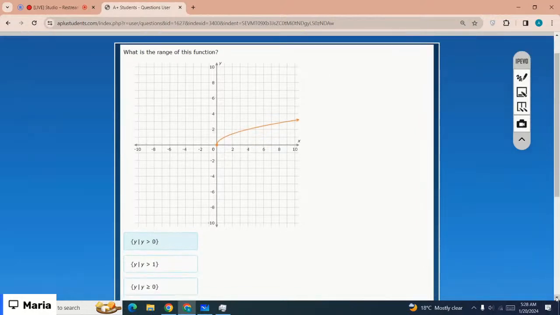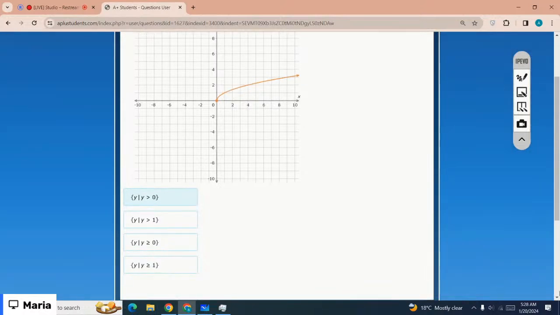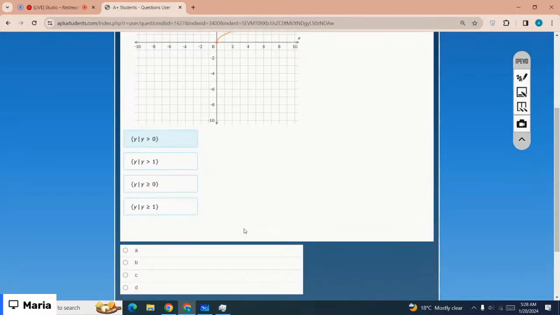And the values are on the positive side. That means y belongs to y such that y is greater than or equal to 0. Option number 3 is the correct option. So the correct one is C.